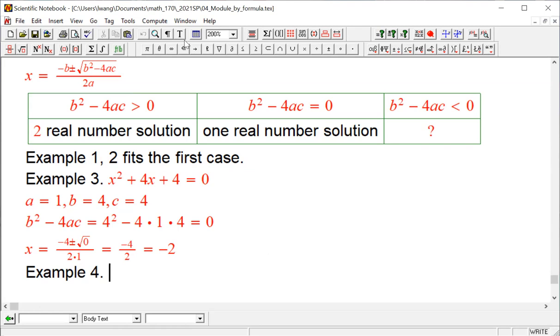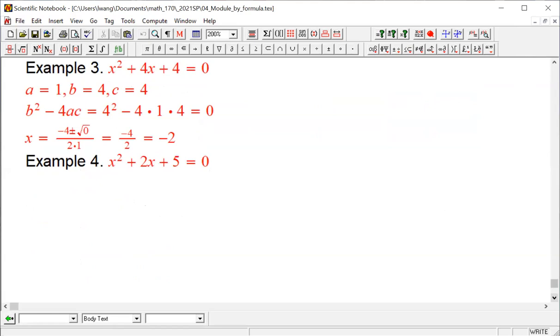Okay, so here I'm going to give you an example. x squared plus 2x plus 5 equals 0. In this case, of course, we have a equals 1, b equals 2, c equals 5.